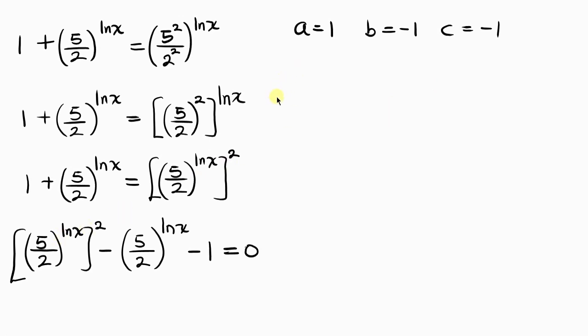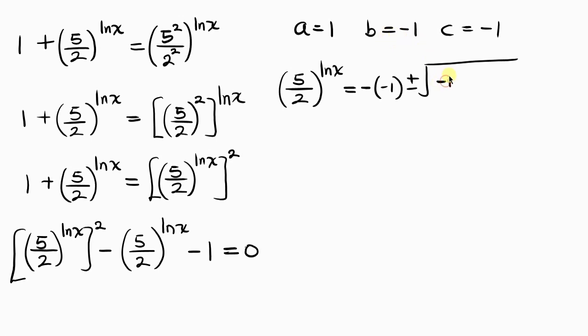So the quadratic formula is for 5 over 2 to the ln x is equal to, now negative b, b is what? Negative 1 plus or minus the square root of, now what do I have? b squared, that is negative 1 squared, minus 4 times a, that's 4 times 1, times c, which is negative 1, all over 2a, that's 2 times 1.